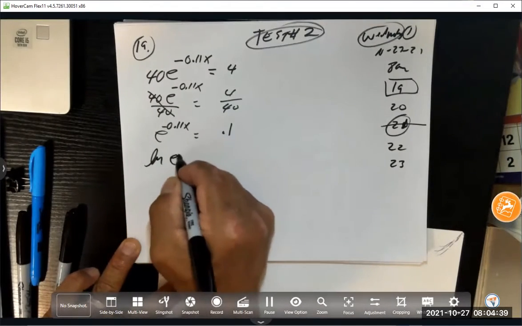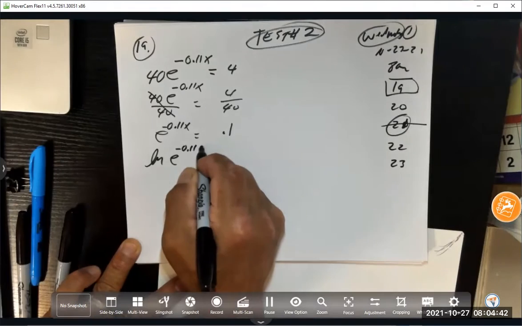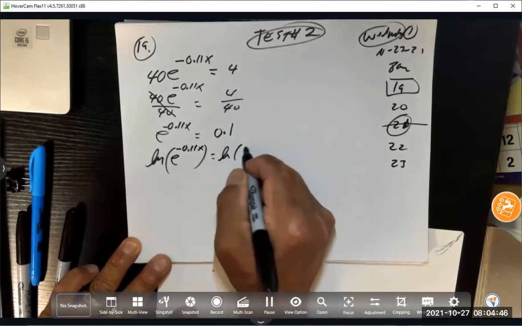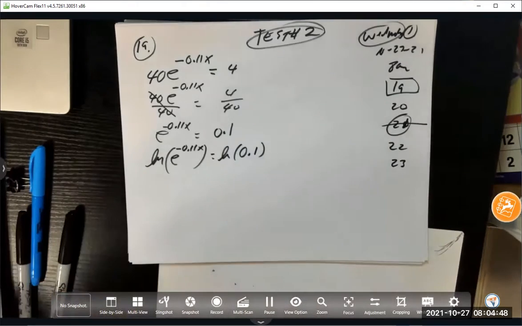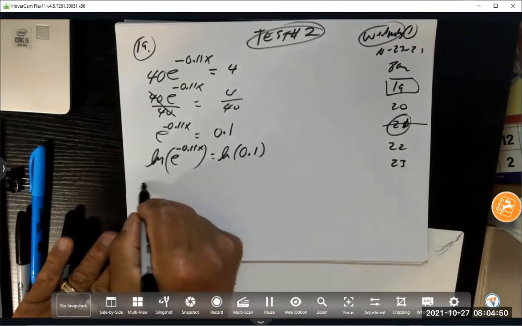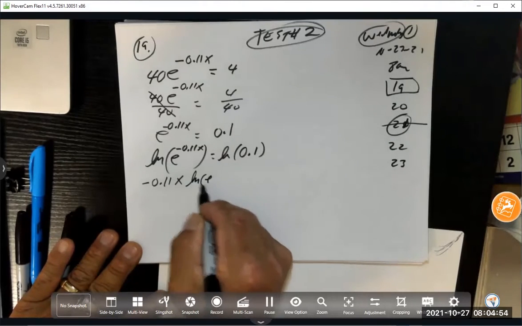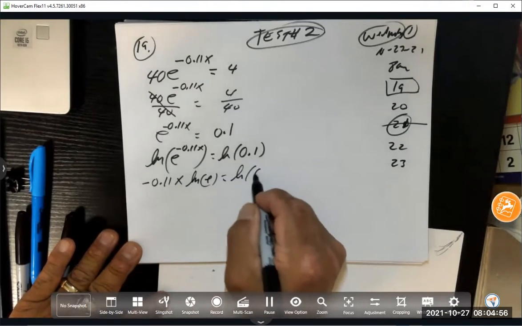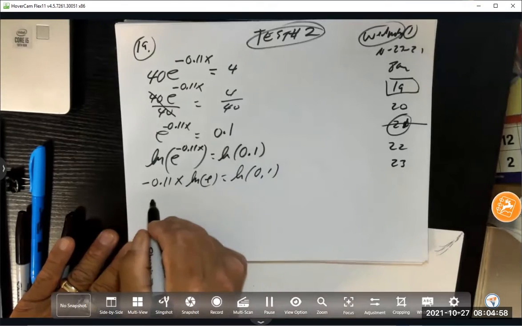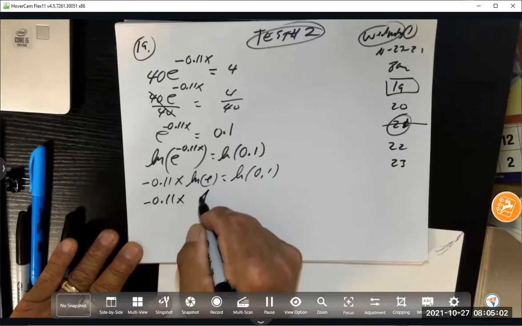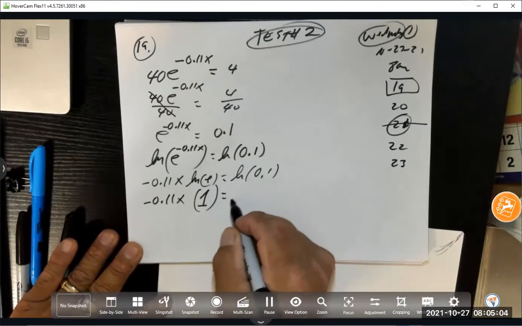The log of this side, 0.11x, equals, I'm gonna put a 0 in there, and the log of 0.1, so I know the decimal right there in the middle. And 11, I'm gonna put it in front. Negative 0.11x times log of e equals the log of 0.1. Now, ln of e is always gonna be a 1, so I'm just gonna put a big 1 right there.